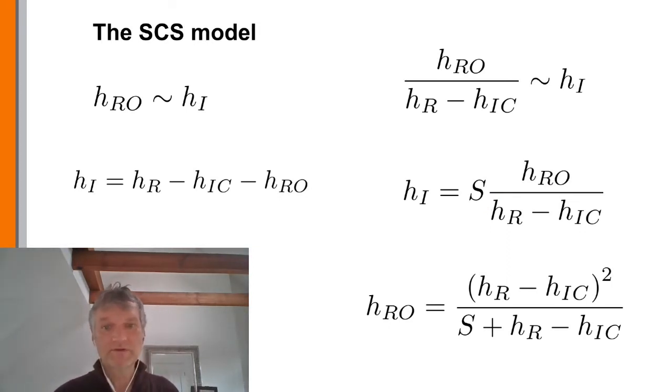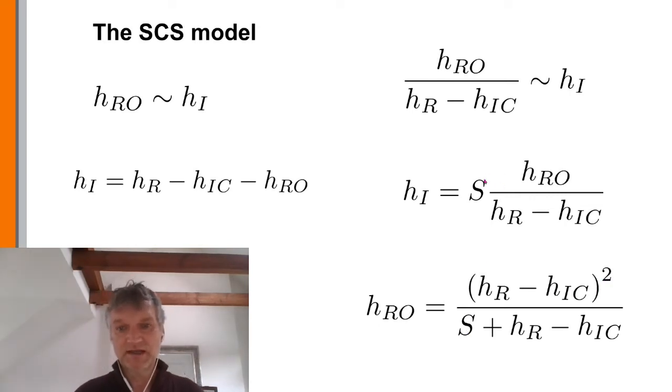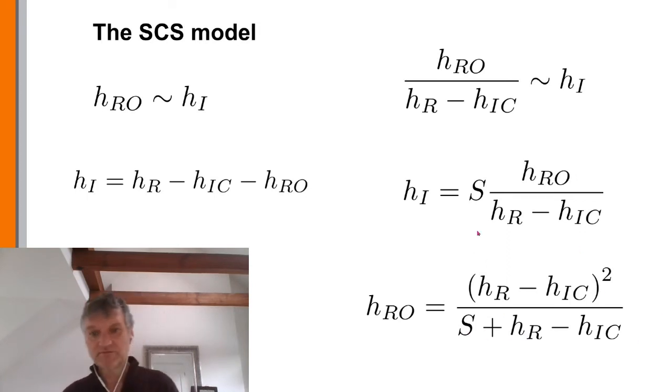So when we put this equation together with this equation we just derived before, saying that this is the same as this, then we can skip the infiltration rate, and we get the runoff rate is the effective rainfall rate squared divided by this proportionality factor plus the effective rainfall height.